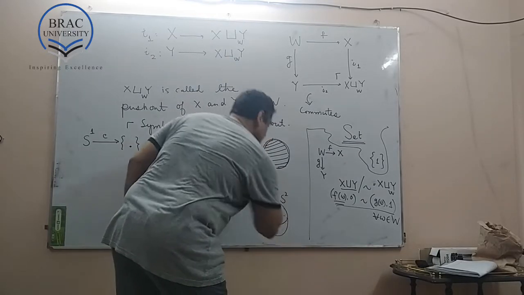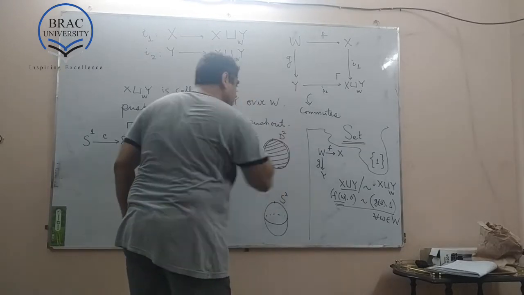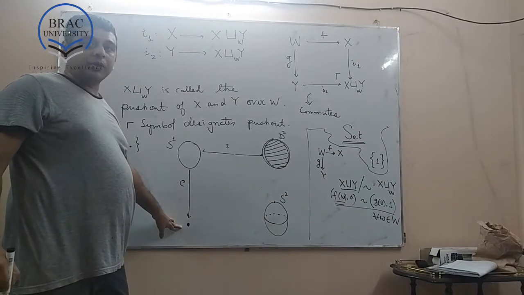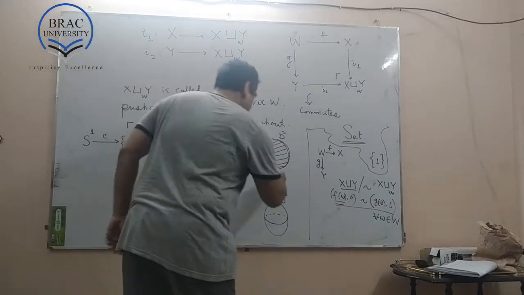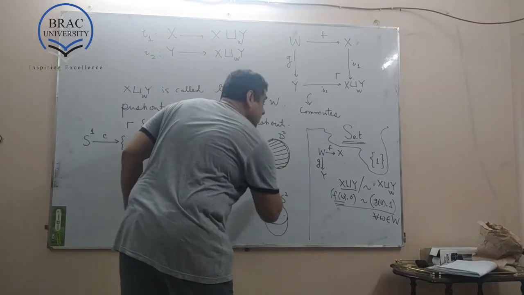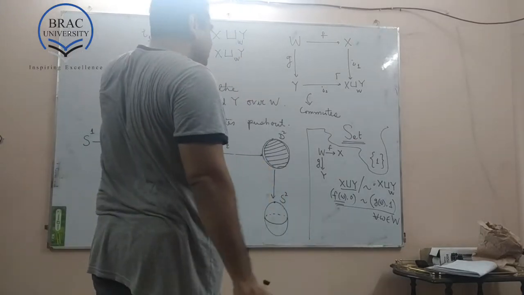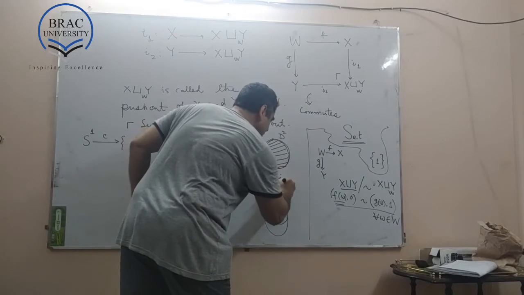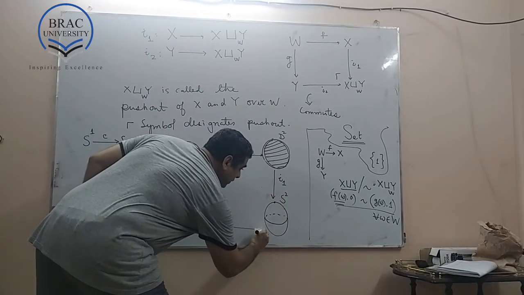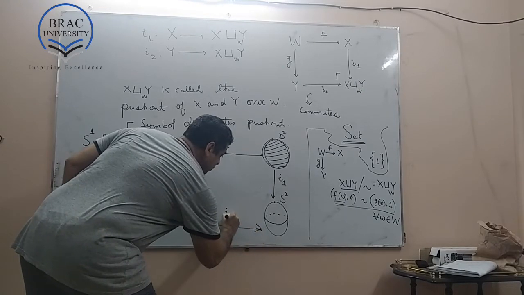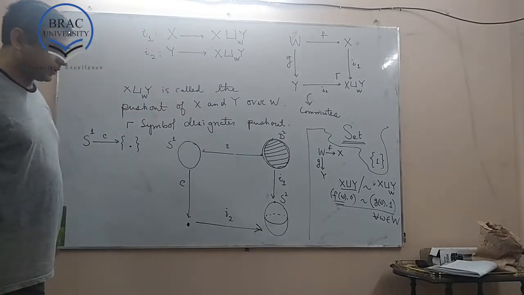This is S2, this is D2, a two-disk, and this is just a single point, a one point topological space. This is the inclusion I1 that we have talked about earlier, and this is the inclusion I2 that we also had discussed earlier.